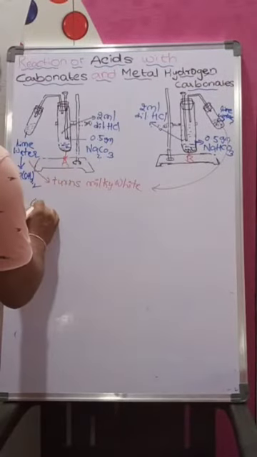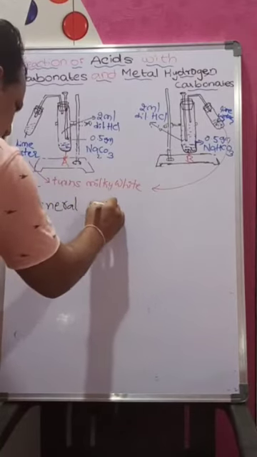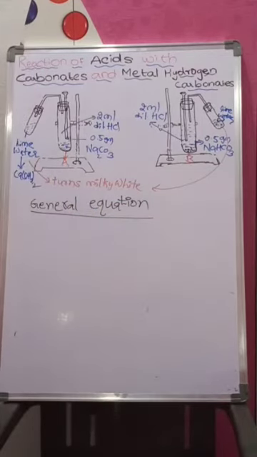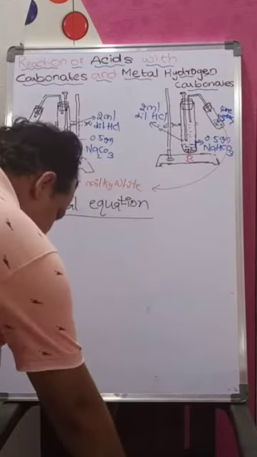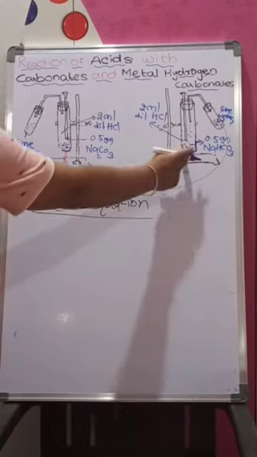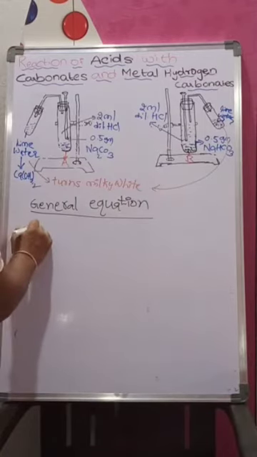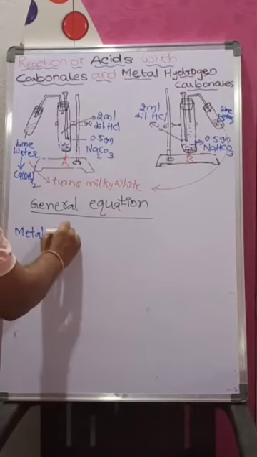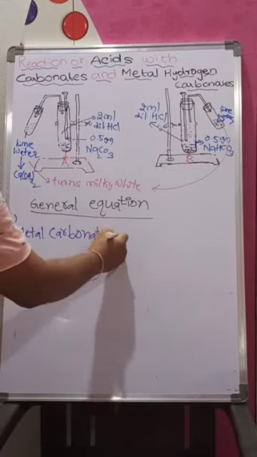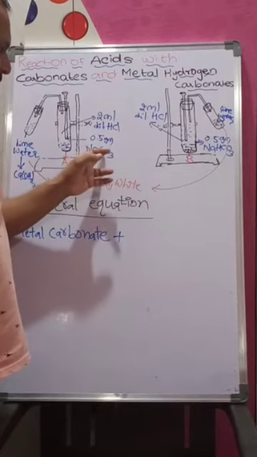What is the general equation here? First of all, which were taken? Metal carbonates. This is the first case. Metal carbonate means sodium carbonate: sodium is a metal, carbonate is CO3.